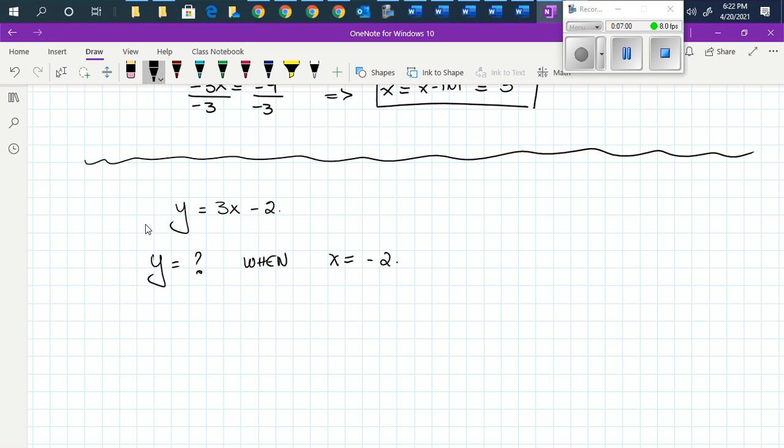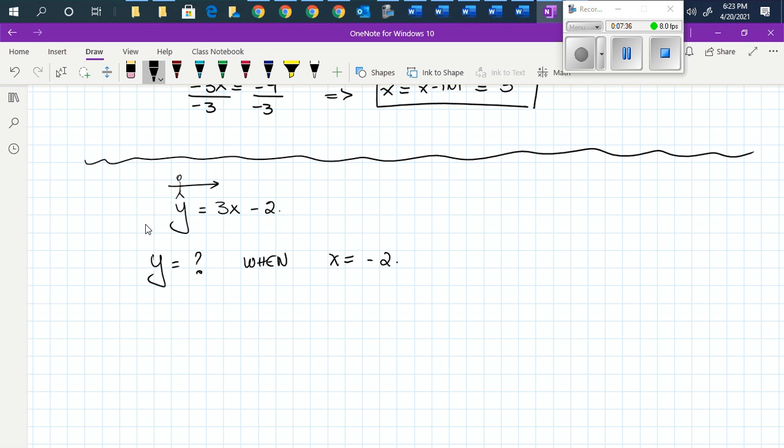So what we do in this case is what in math is known as substitution. Imagine yourself walking over the equation, and when you have a value for a given variable, you replace that variable with the corresponding value. As you walk through the equation, you see a y, which you don't know, an equal sign, 3 times x, and you have a value for x, that is negative 2.